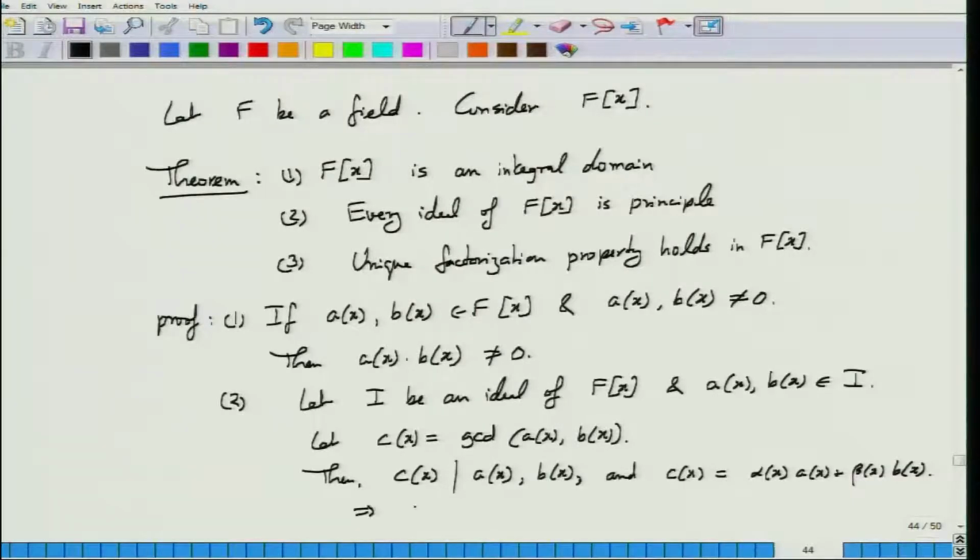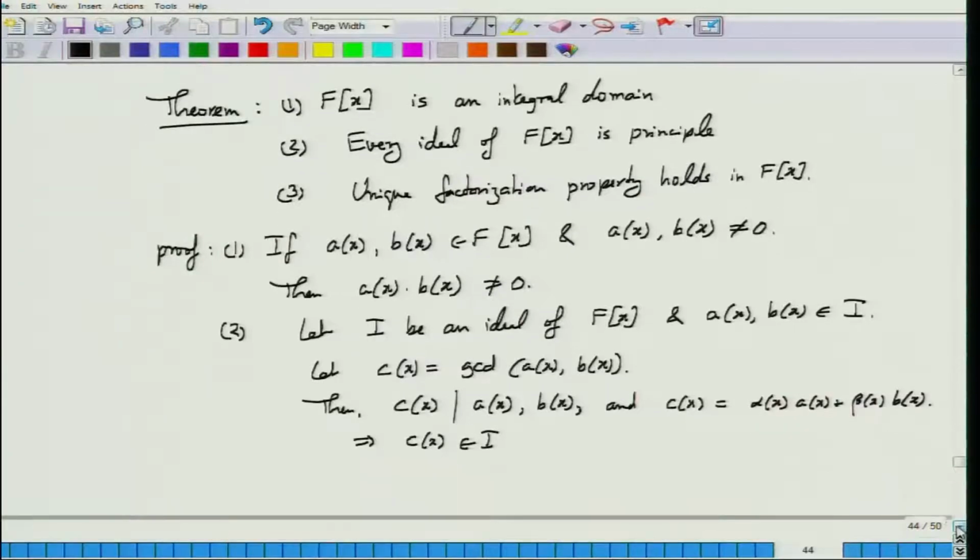So this implies that C(x) is also in the ideal I. This equation is essentially just what the GCD algorithm gives you. So C is in the ideal, and both A and B are multiples of C. So we can say that A(x), B(x) are in the ideal generated by C.